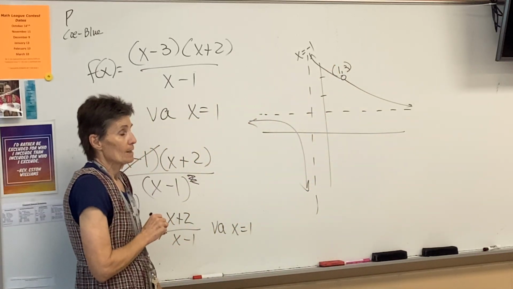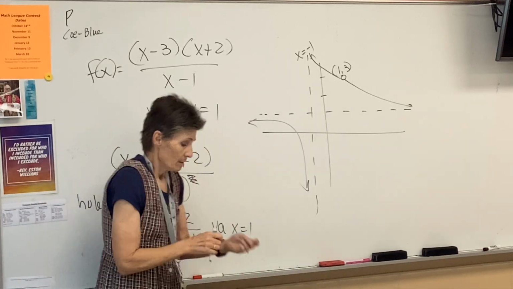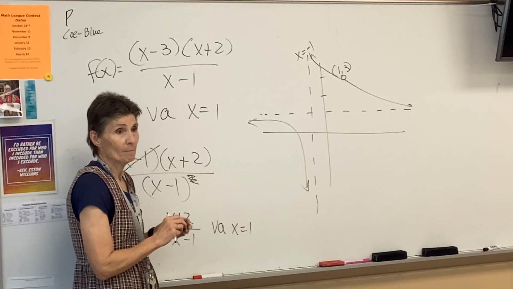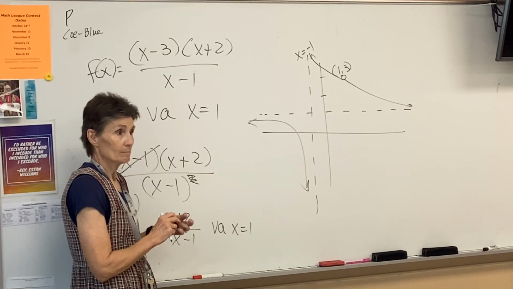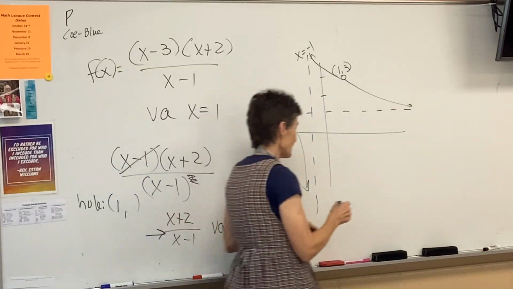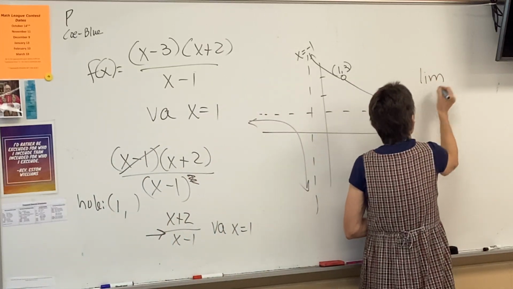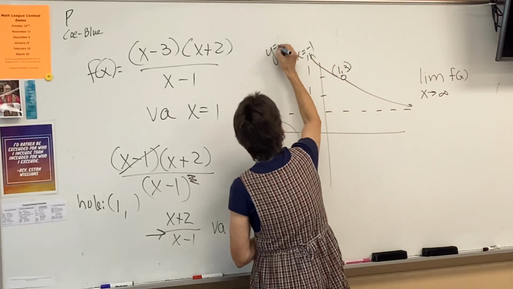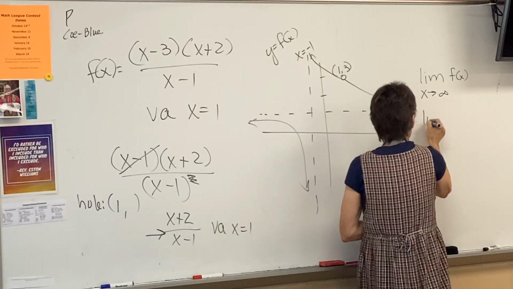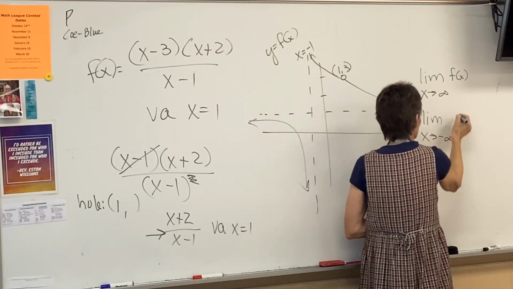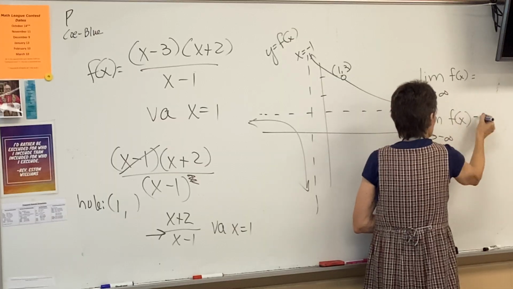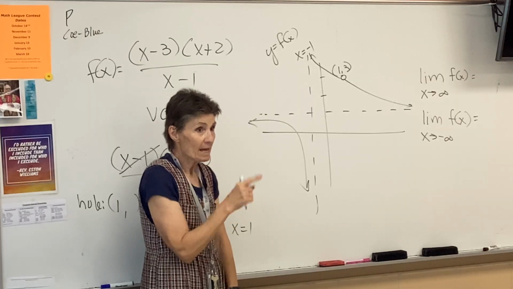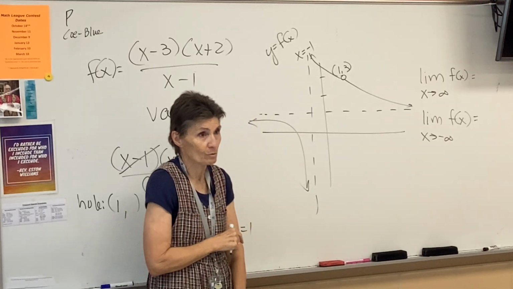Now, there are 6 limits in that problem that you need to be comfortable with. The 6 limits you need to be comfortable with are the limit as x approaches infinity of f(x), and the limit as x approaches negative infinity. Right, now wait a minute. Those 2 are old news. That's end behavior. End behavior is horizontal asymptotes.